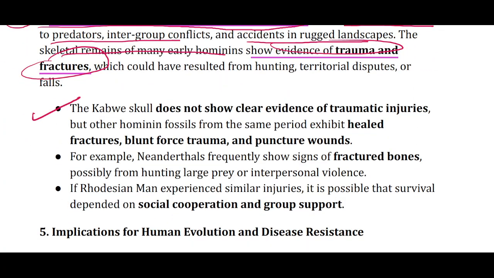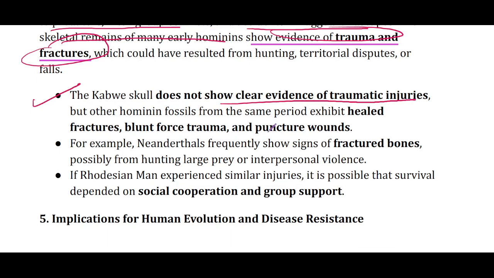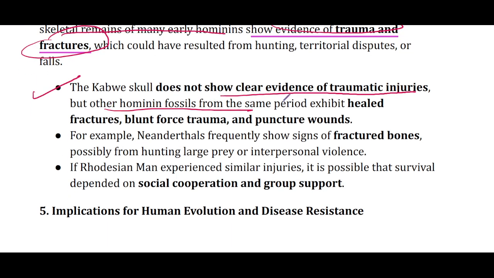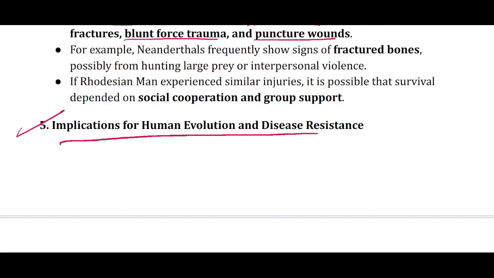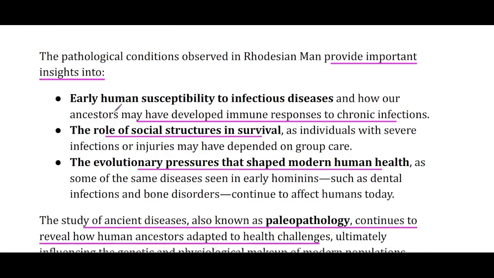But the Kabwe skull does not show clear evidence of traumatic injuries. Other hominin fossils found in the same period, the contemporary fossils, exhibit heel fractures, blunt force trauma, and puncture wounds.